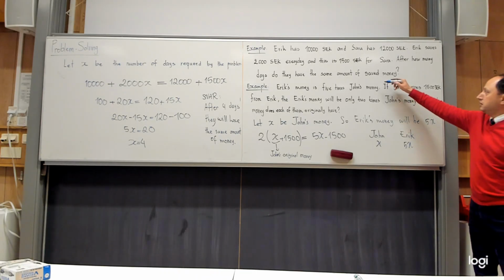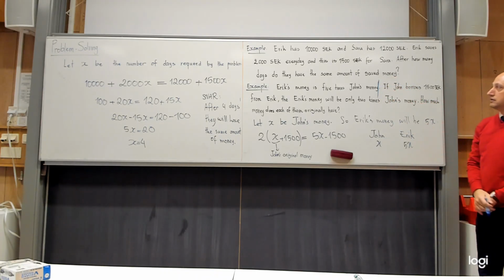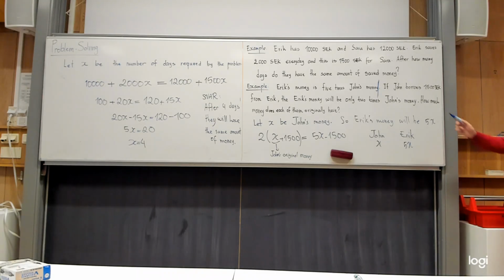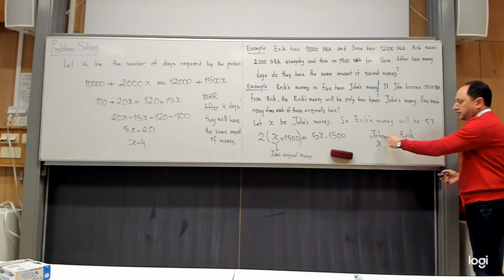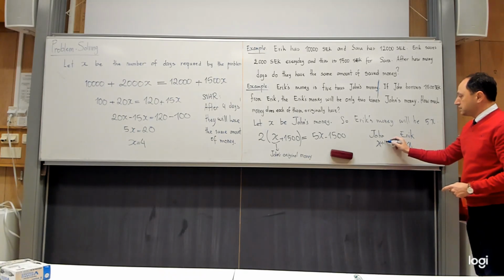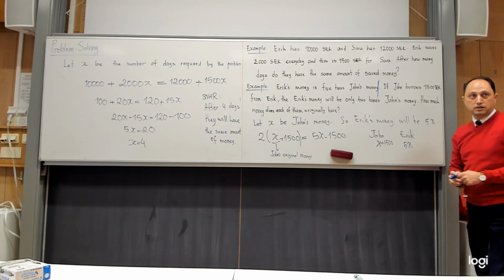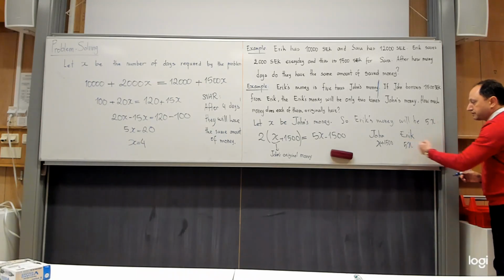Is that understandable up to this sentence? Now, if John borrows 1,500 from Eric, his money will increase to this money plus 1,500, but Eric will lose 1,500.